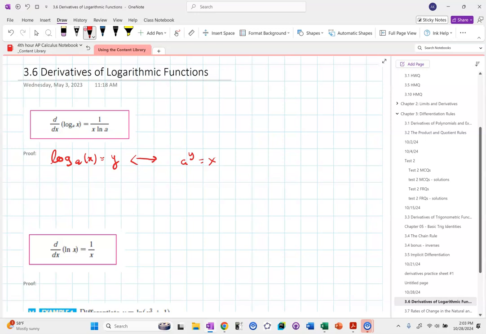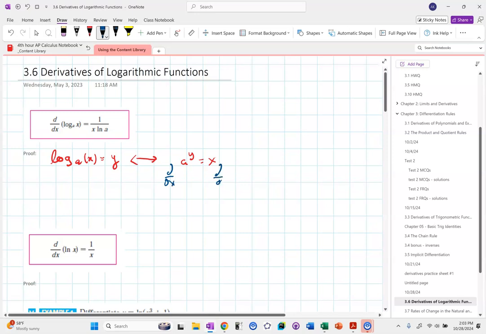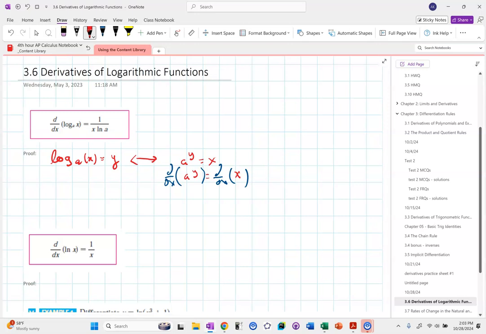If I then take the derivative of both sides, if I do the derivative of a to the y with respect to x, that's going to be a to the y times the natural log of a times dy dx.